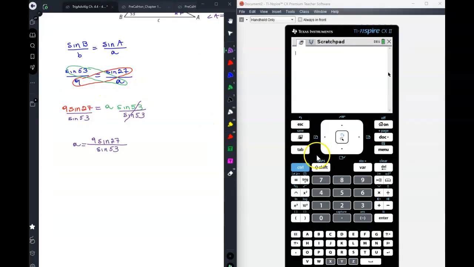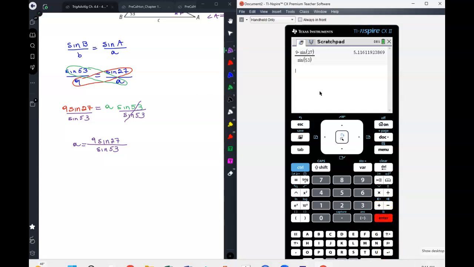Create a fraction: 9 sine 27 over sine 53. Do not plug them in little by little, then round, and then plug in rounded versions. You need to plug it in all in one shot.